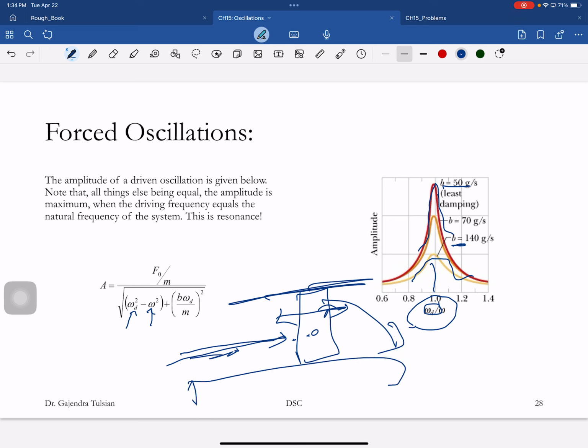If you have an earthquake, the ground shakes. This is driving the building. If the driving frequency matches a natural frequency, the buildings can fall down. So to prevent large amplitude oscillations, you have to have damping in there.